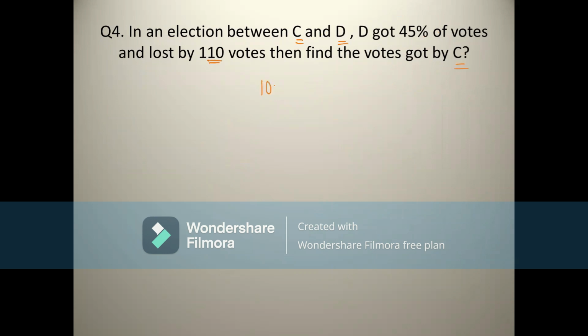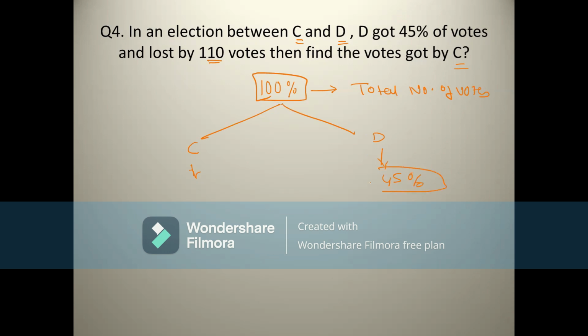What will we do first? We'll first consider the total number of votes as 100%. So here C and D. So C gets how many percent of votes? D gets 45% of the vote. So of course, how many percent of the votes will C get, the remaining?